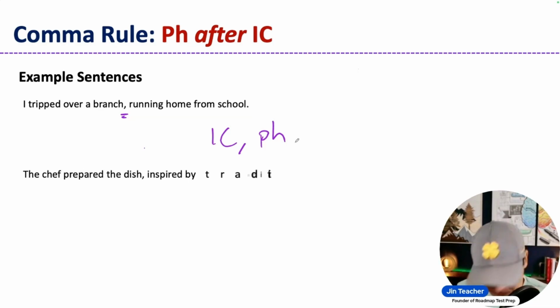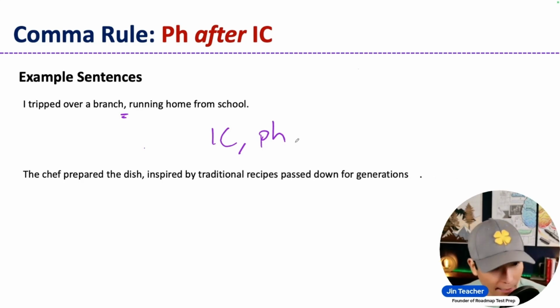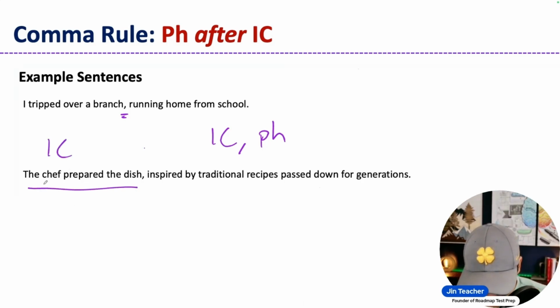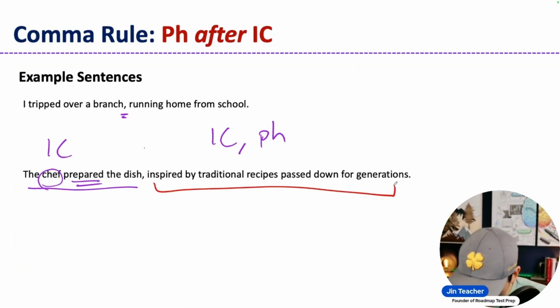The second example sentence is the same thing. We're just using a different type of participle phrase. This sentence says, the chef prepared the dish. This is going to be your independent clause. The chef is my subject, prepared is my verb. The chef prepared the dish would be my complete sentence. Now look here, we have inspired by traditional recipes passed down for generations.